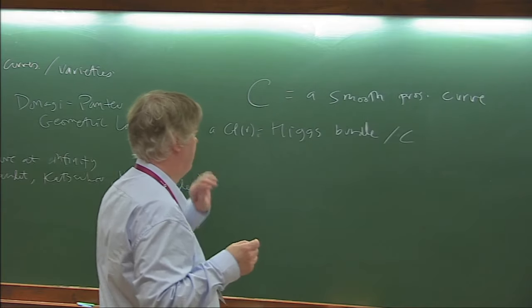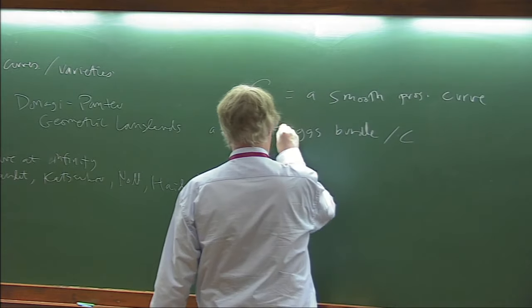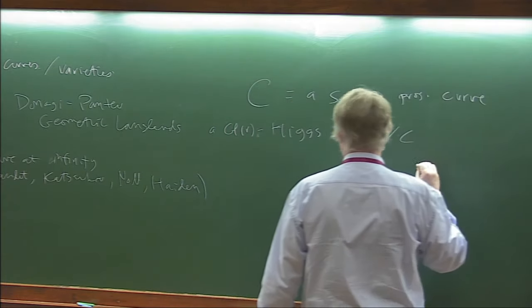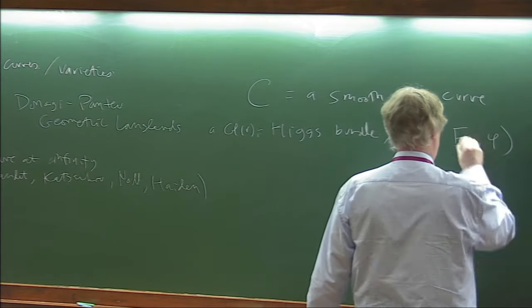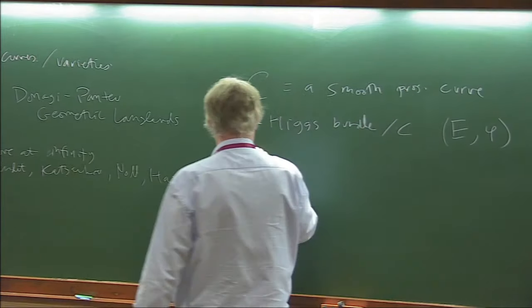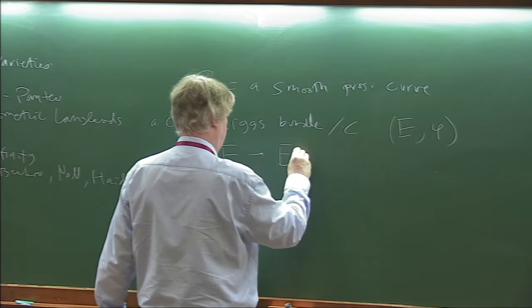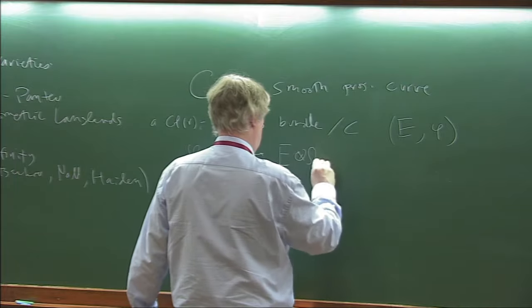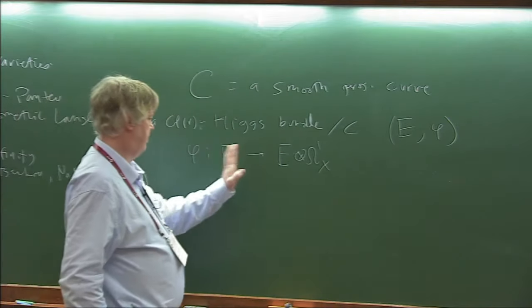But for GL_r, the notion of spectral curve is very natural. So a Higgs bundle over C is a bundle and a Higgs field, phi from E into E tensor omega^1_X. The thing to remember is that this looks like a connection operator, but it's O-linear.